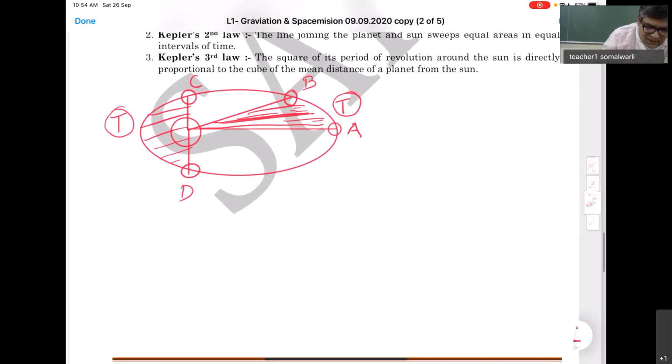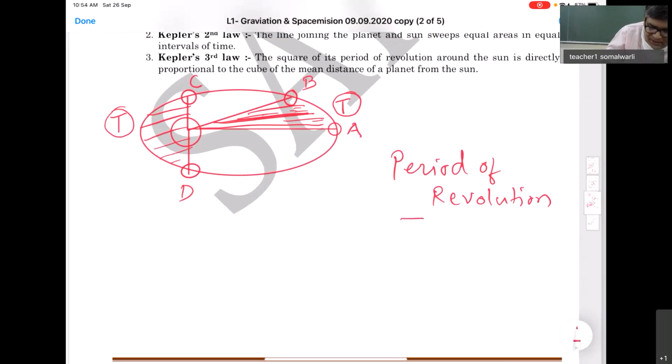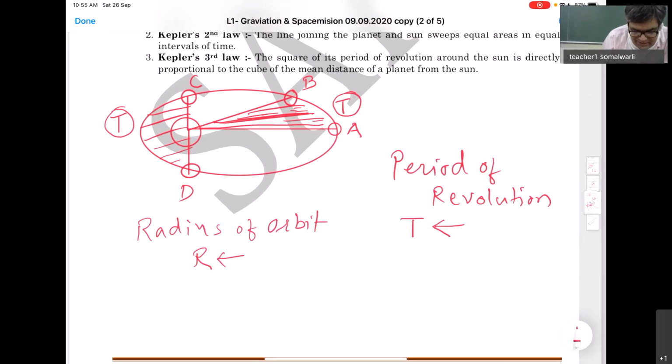Kepler's third law talks about the relationship between the period of revolution of planets, that is the amount of time they take to complete one revolution around the star, represented by capital T, and the mean distance of the planet from the star, or the radius of the orbit, represented by R. The relationship is that the square of the period of revolution, T square, is directly proportional to the cube of the mean distance of the planet from the star.